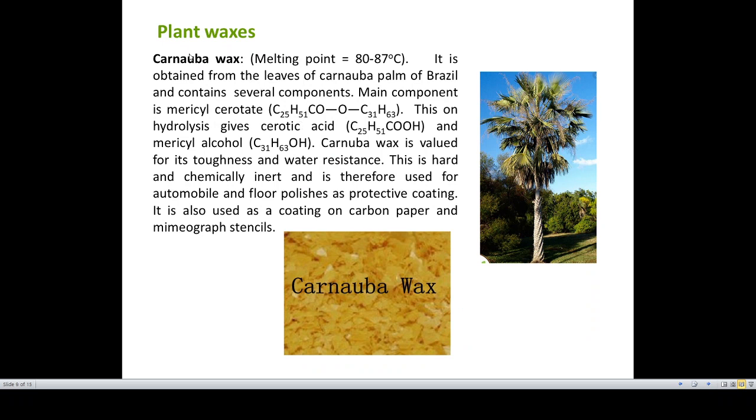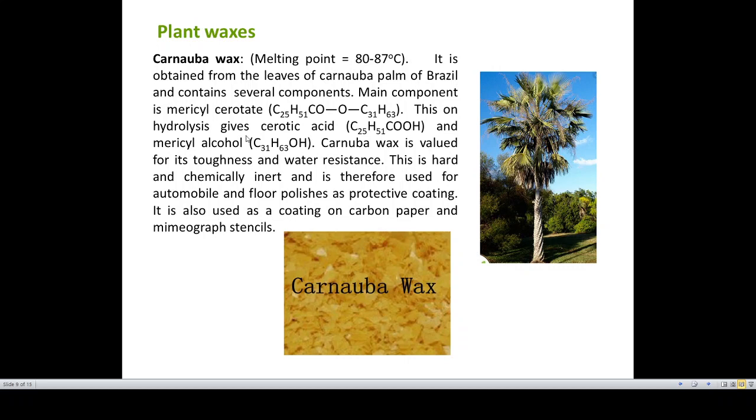And the classical example under the plant wax is carnauba wax, which has a melting point around 80 to 87 degrees centigrade. And this is obtained from the leaves of the carnauba palm of Brazil and contains several components.